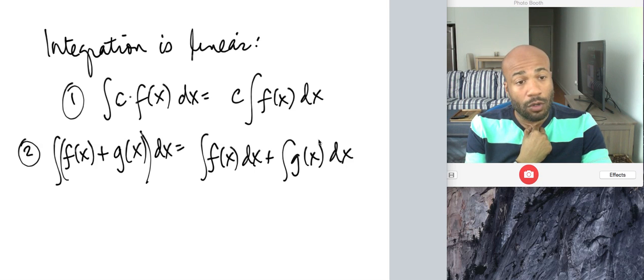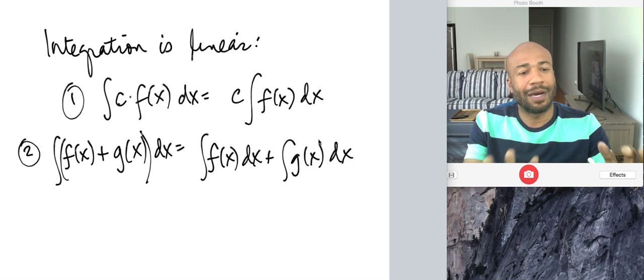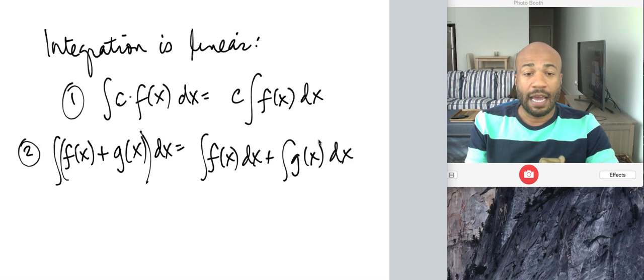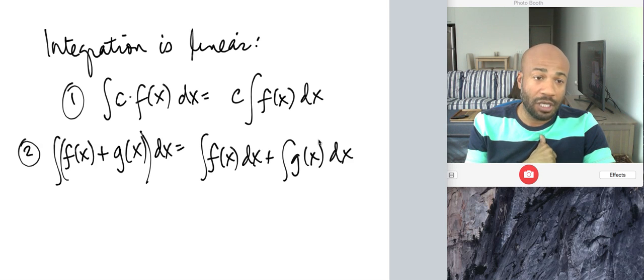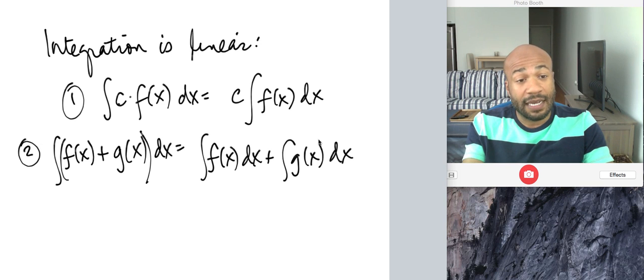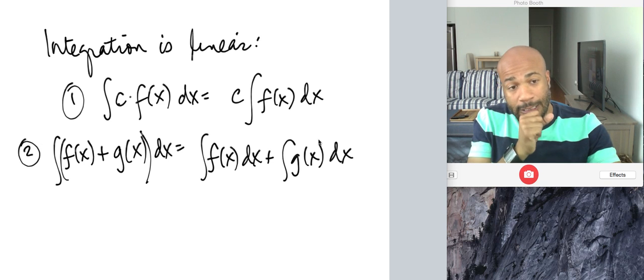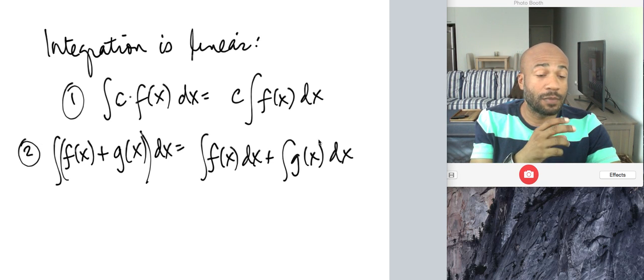So the integral of the sum of f of x plus g of x with respect to x can easily be done by breaking them up into two integrals. So I have the integral of f with respect to x plus the integral of g with respect to x. So if I have two functions being added together, I can break them up and take care of the two integrals on the right, just like I would in differentiation.